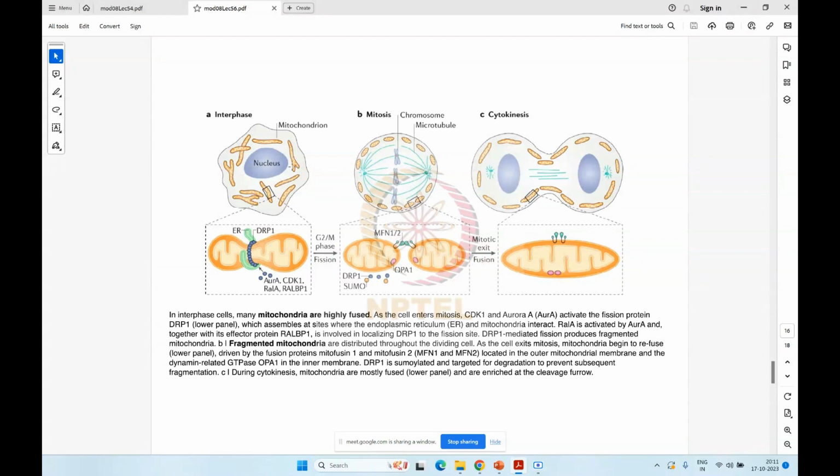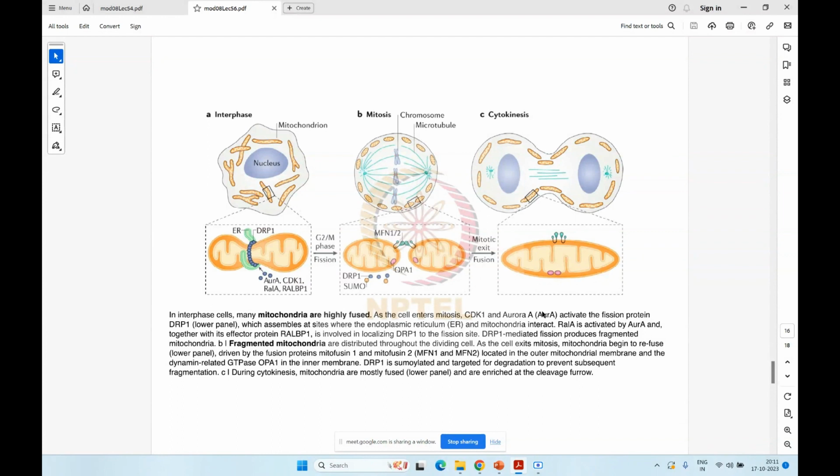The DRP1 protein is known as the fission protein, and there are other proteins that stabilize the mitochondria. However, the DRP1 protein destabilizes the fused structures of mitochondria.